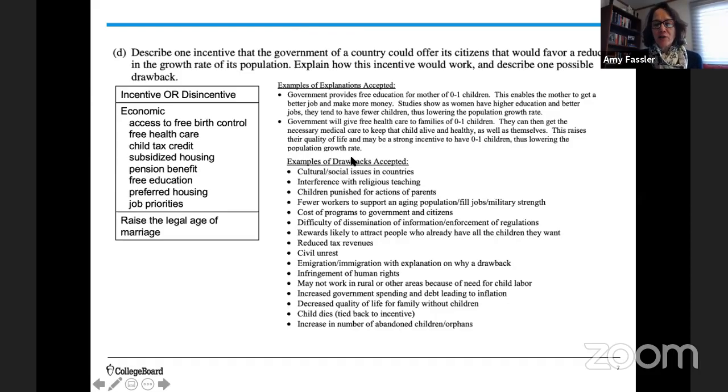And then the potential drawbacks, I think a lot of students probably focused on some of the cultural, social, or religious pushback to try to tell people or mandate the size of their family. Other things like infringement on human rights. Some of these policies are difficult to enforce.